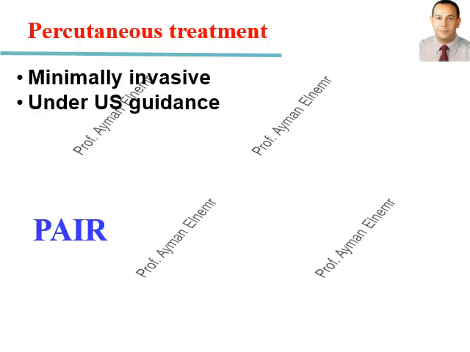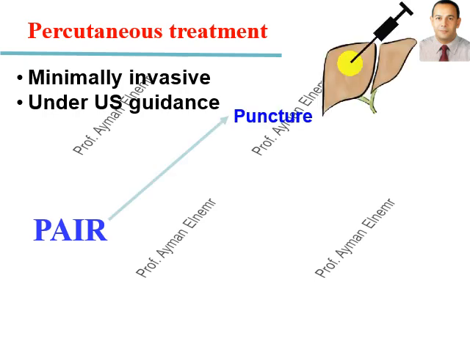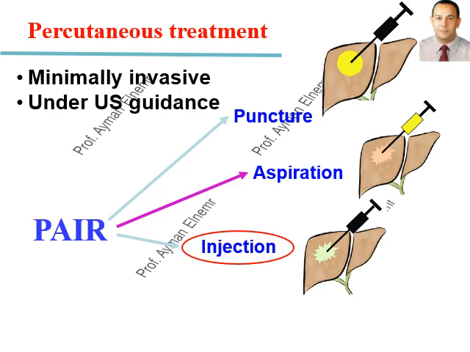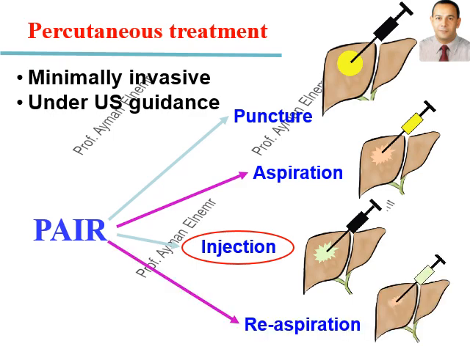The percutaneous treatment is called the PAIR technique. It is minimally invasive and used under ultrasonographic guidance. PAIR: P is puncture of the cyst, A aspiration, I injection, R re-aspiration again.